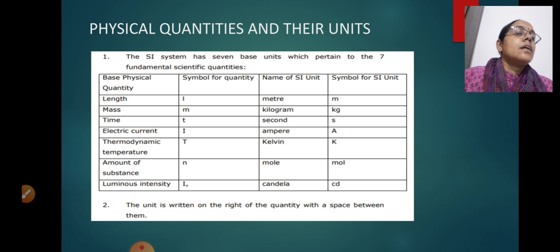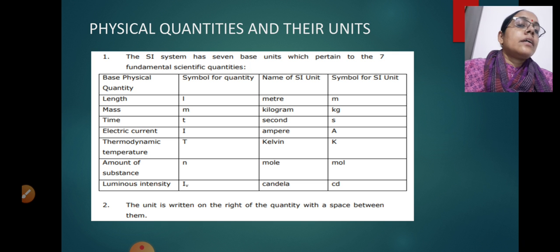Length is represented by small l, and the SI unit of length is meter, represented by small m.